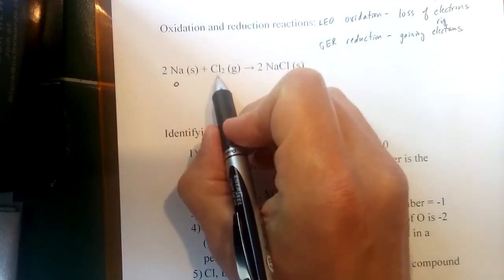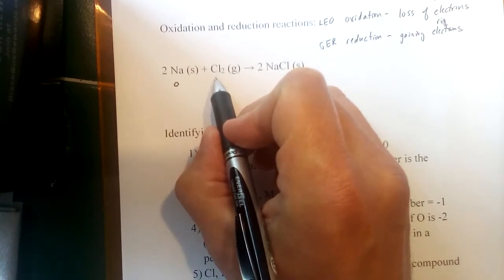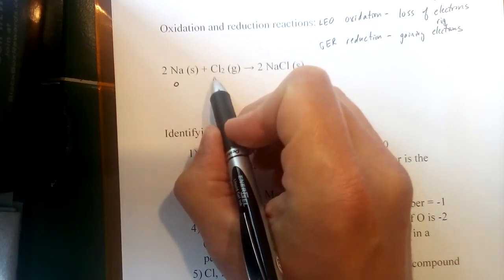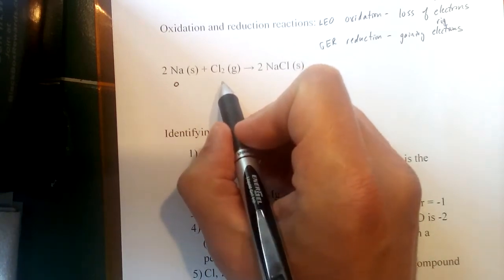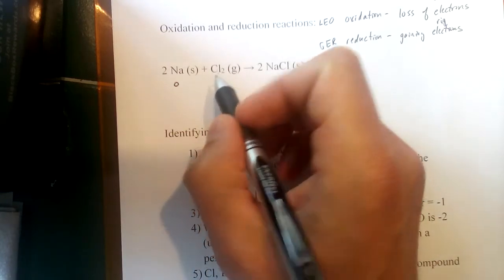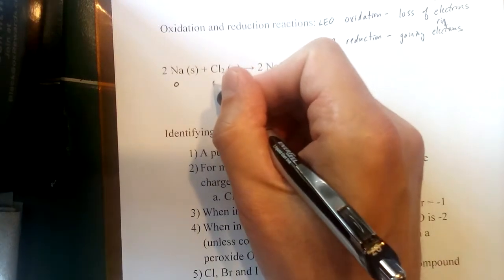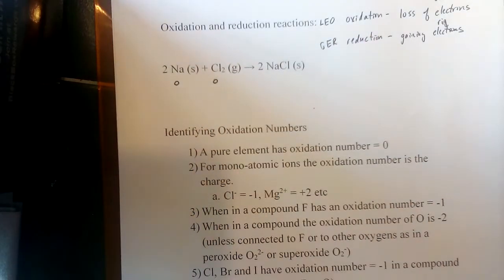This is the elemental form of chlorine as well. This is a molecule, but this is the elemental form, meaning it hasn't lost or gained any electrons yet. So each chlorine atom in that molecule would have a charge of 0.